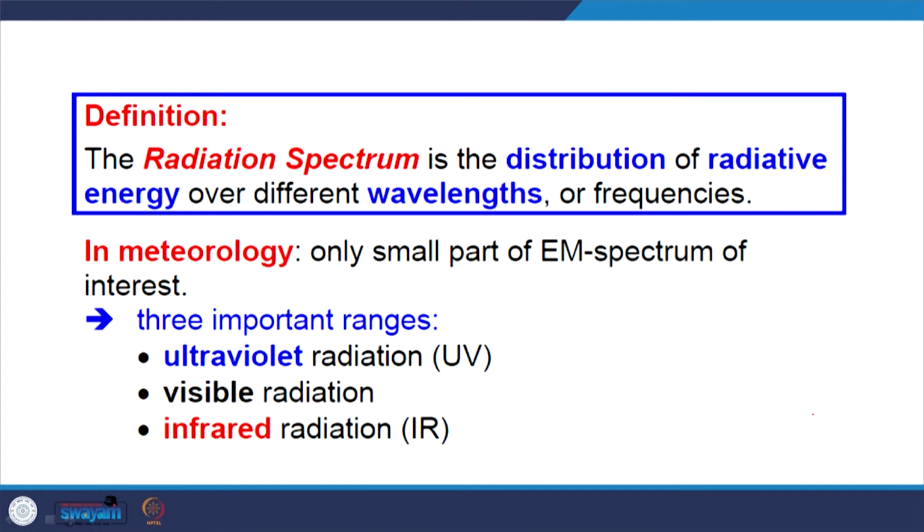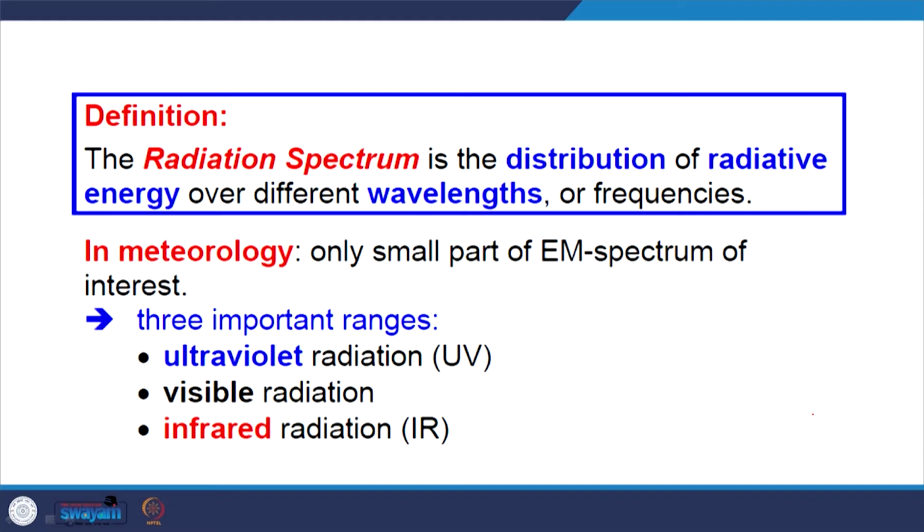Right. Now, let us see the basic definition of radiation. The radiation spectrum is the distribution of radiative energy over different wavelengths, or over the complete wavelength spectrum or frequencies. In meteorology, in the atmospheric area of study, not the entire electromagnetic spectrum is of interest.